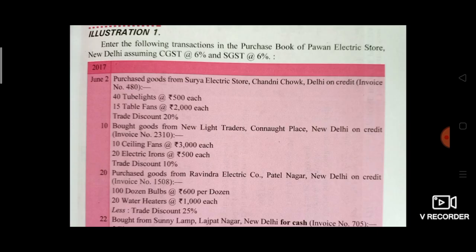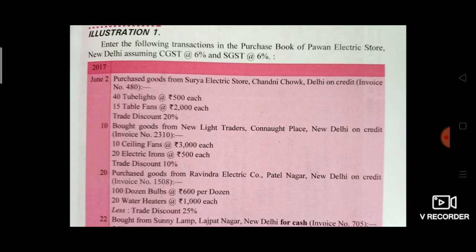On 20th June, purchase goods from Ravindra Electric Company, Patel Nagar, New Delhi, on credit. Invoice number 1508, 100 dozen bulbs at rupees 600 per dozen, 20 water heaters at rupees 1000 each, and less 25% trade discount.